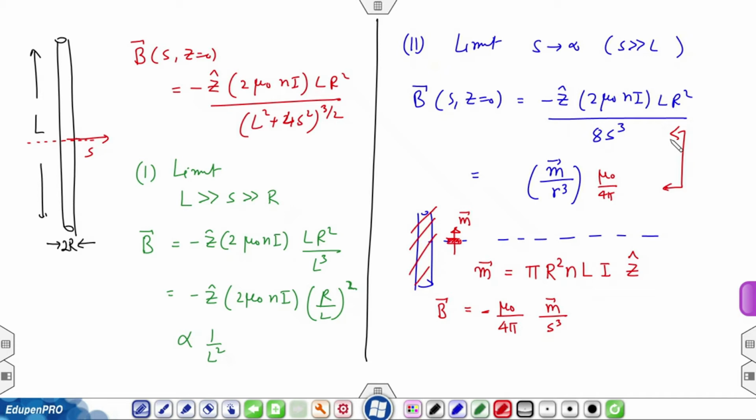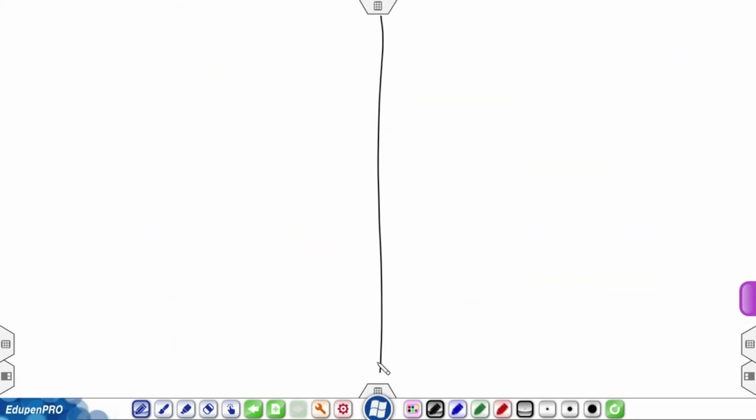The problem is stated in the book in a slightly different way. They want you to use an argument to get this dependence of the field on L, and that I will give as an assignment. Next, problem 3, again from Zangwill.